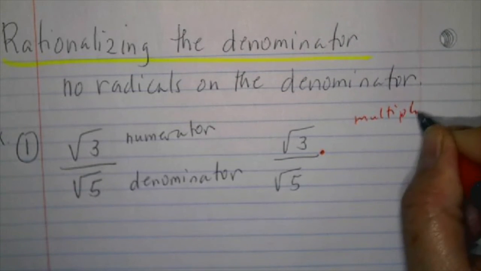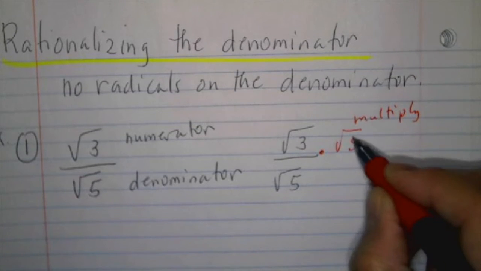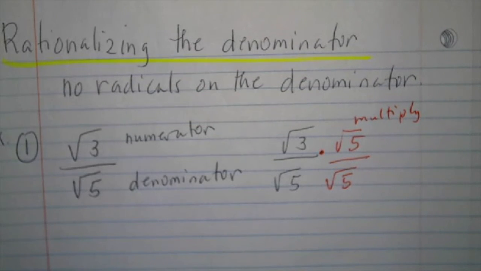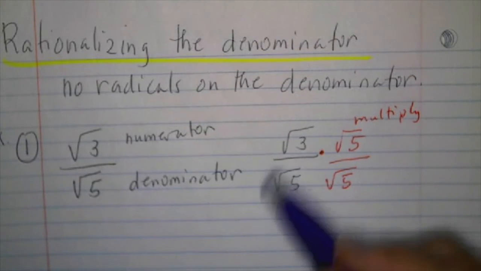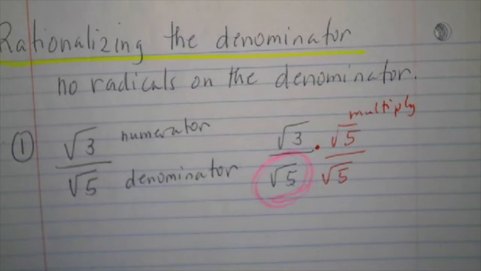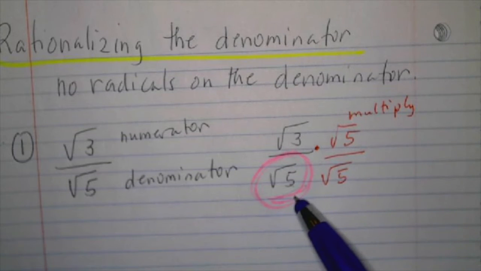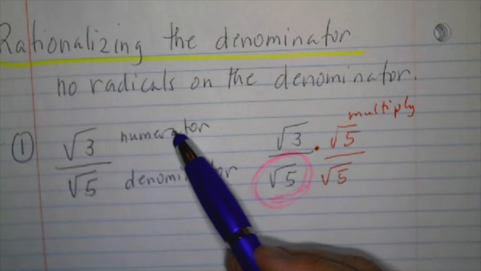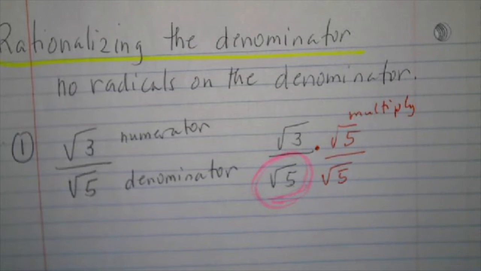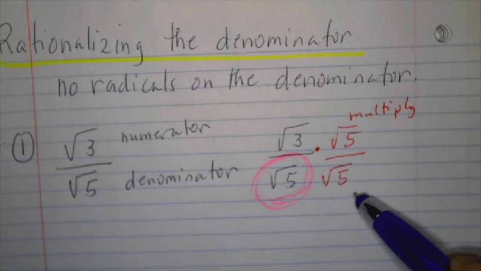When we say rationalize, multiply whatever is on the denominator, square root of 5 over square root of 5. Look at what's on the denominator. That's the one I'm multiplying to both the numerator and denominator.